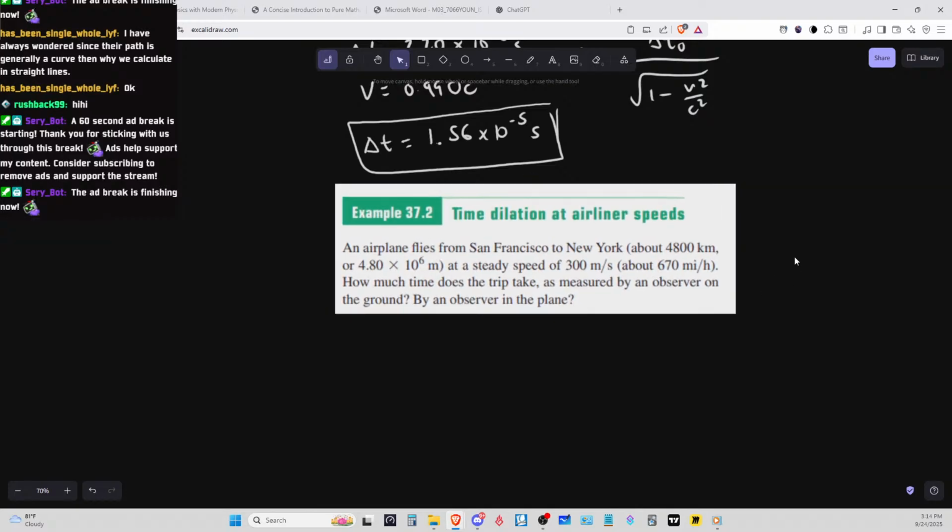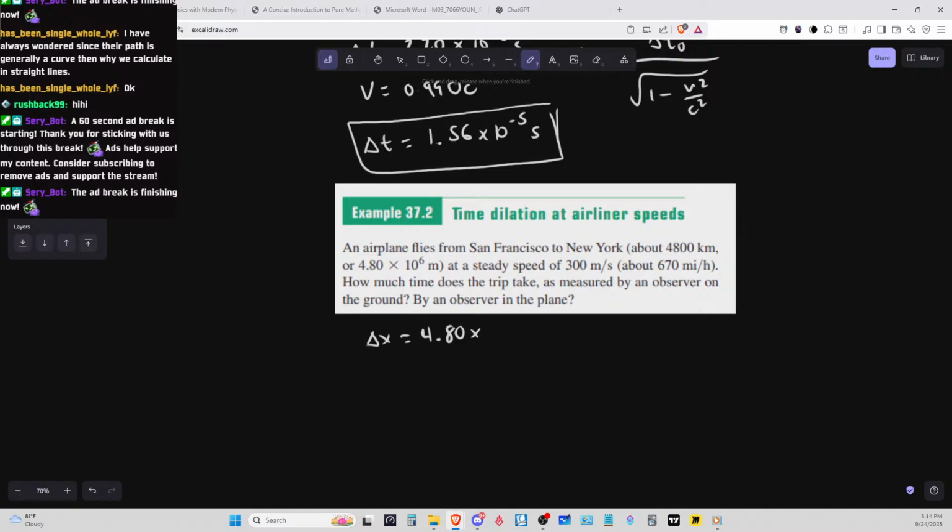Okay, an airplane flies from San Francisco to New York. So we have a distance of 4,800 kilometers. I'm so glad that they converted the units, because I don't have time to convert units. No, that's probably a lazy way to think.